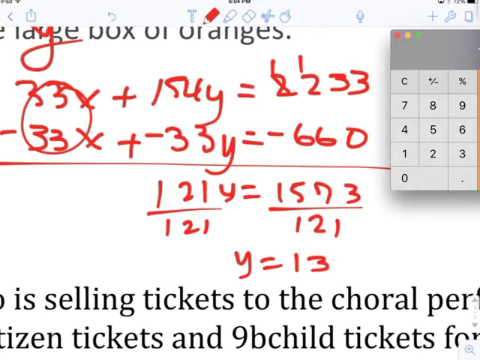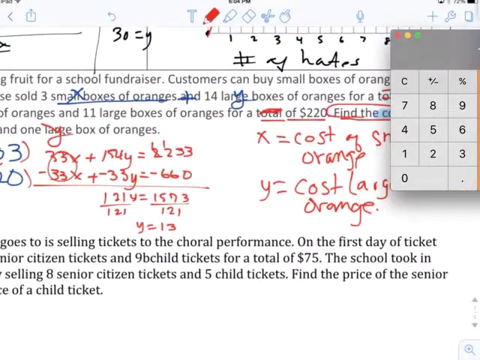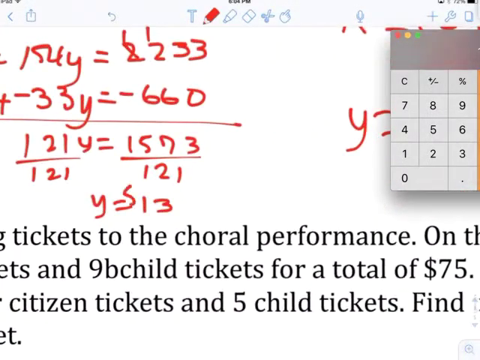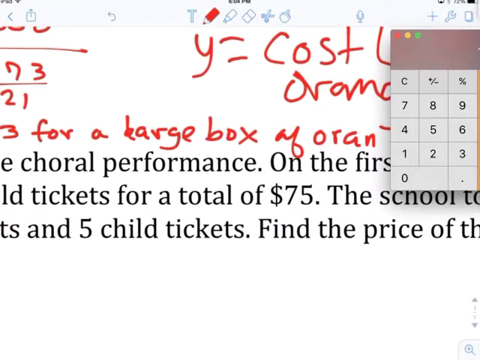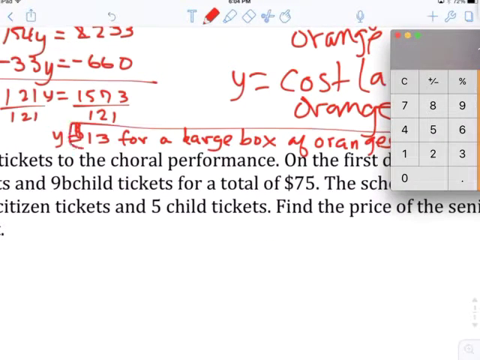Y represents what? The cost of a large box of oranges. $13 for a large box of oranges. Okay, $13 is a large box of oranges.